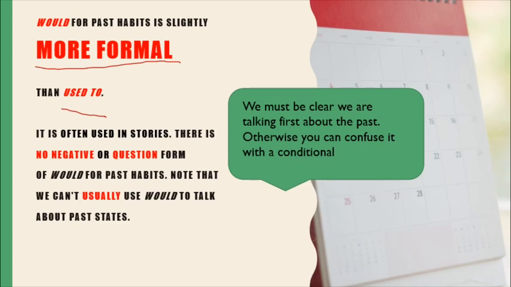When we use the word would, we have to be very careful and try to explain the context that we are talking in past. Otherwise, we can confuse it with a conditional.